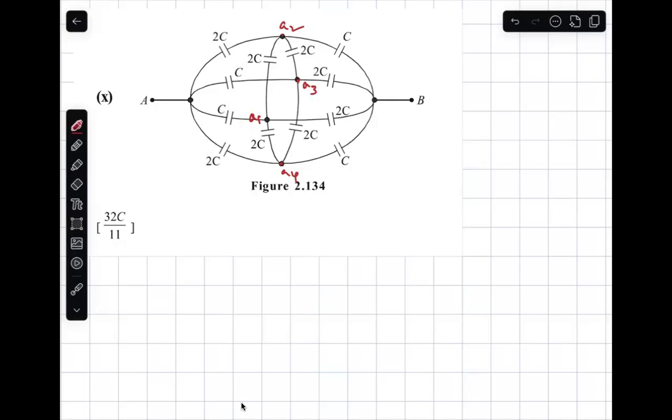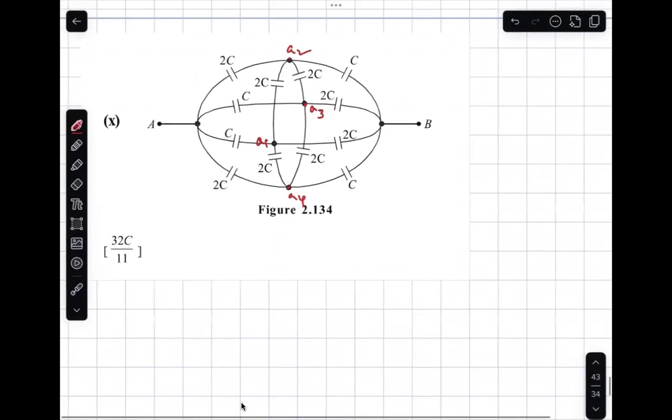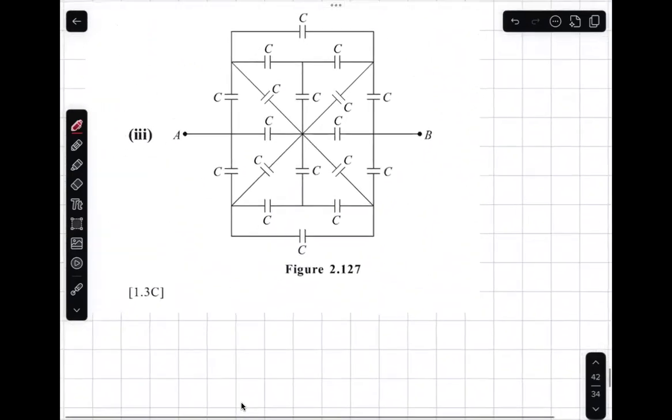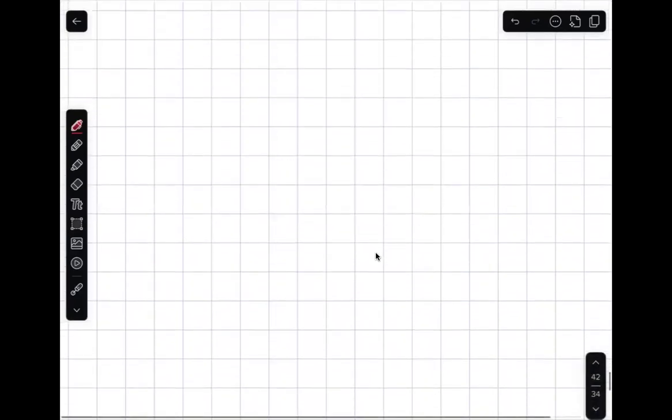Next question. You work on this, not this. You work on this. Anyway, you have an idea how to do this. Now work on this. If you have a doubt in this, I will explain.